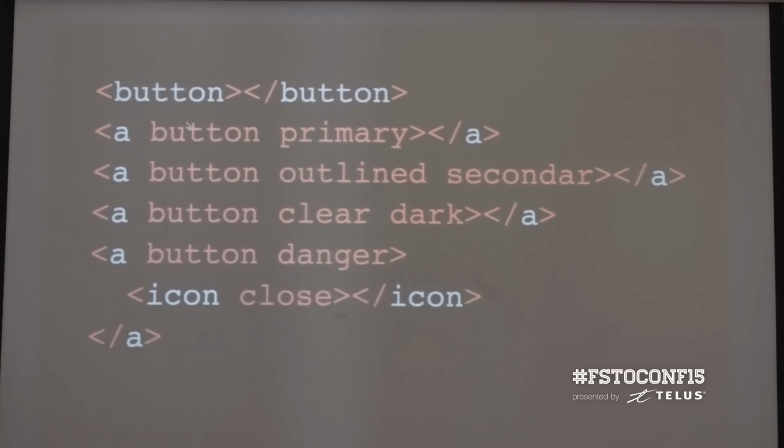You want a button that's going to actually display like a button on a mobile device? Just use a button tag. Do you want to have a link but make it look like a button? Okay, create your A tag and then add the property button. It's so much simpler. You want to make sure that you have an icon on this button?